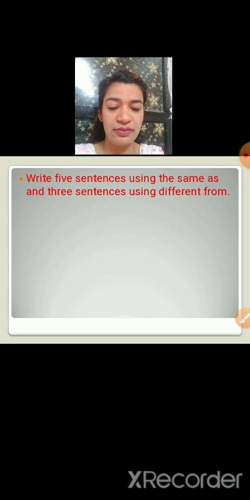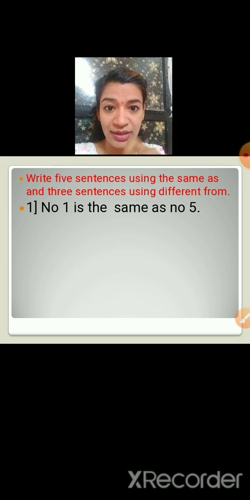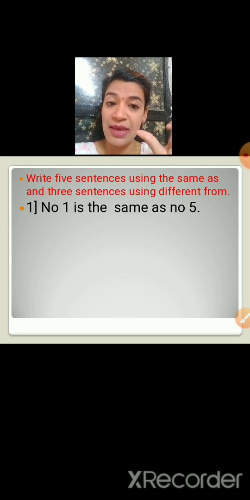So here, number 1 is the same as number 5. Have you all drawn the shapes and written the numbers on them? Okay. So number 1 is the same as number 5.